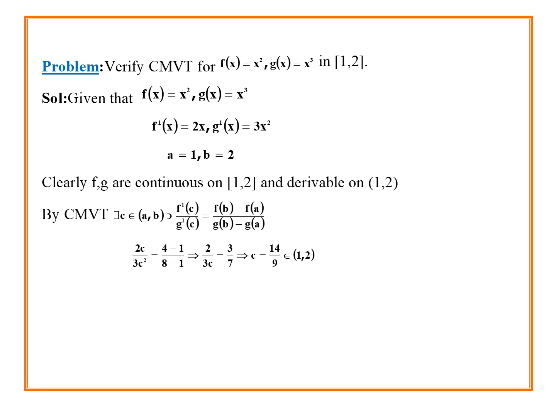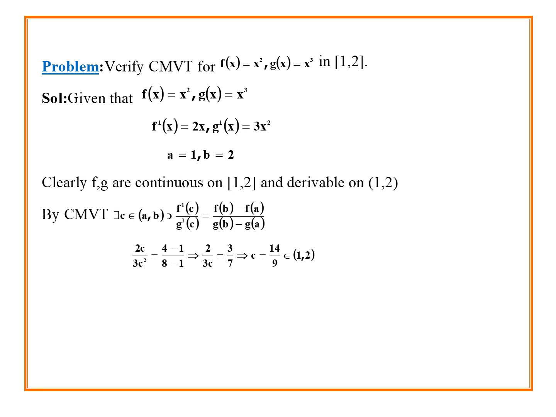By Cauchy mean value theorem, there exists an element c belongs to the open interval (a, b) such that f'(c) by g'(c) is equal to f(b) − f(a) by g(b) − g(a). So that implies 2c by 3c² is equal to (4 − 1) by (8 − 1).